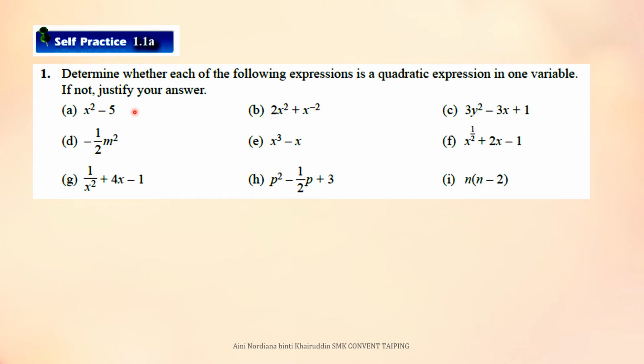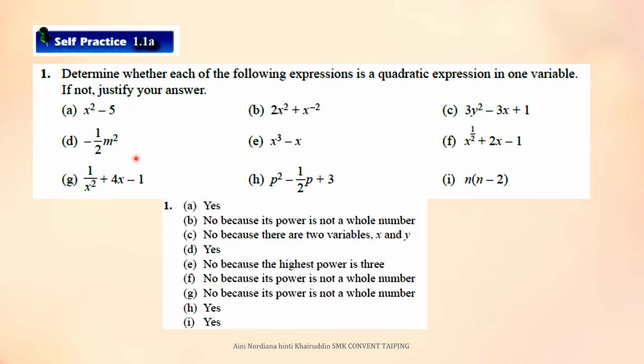Look at number 1a. x squared minus 5. Yes, because the highest power is 2 and there is only one variable here. For B, no, because the power is not a whole number; we have the power of negative 2 here.